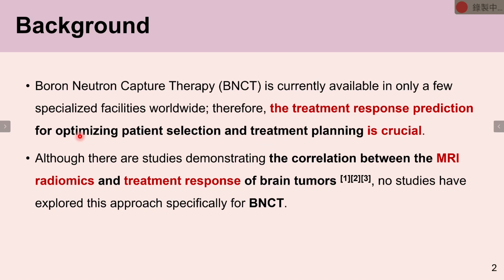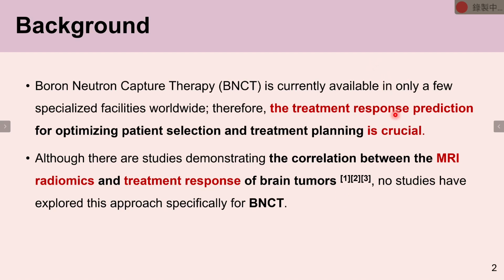According to some studies, there is a correlation between MRI radiomics and treatment response of brain tumors to treatments such as radiation therapy or chemotherapy. However, no study has explored this approach, especially for BNCT. So our study aims to investigate the correlation of MRI radiomics and BNCT treatment response of brain tumors.